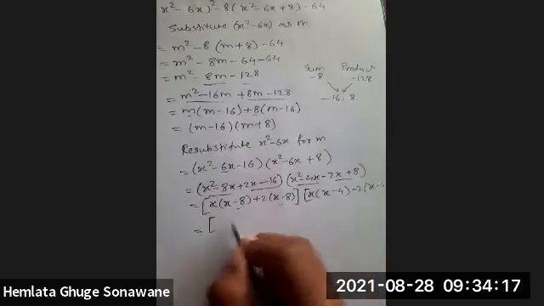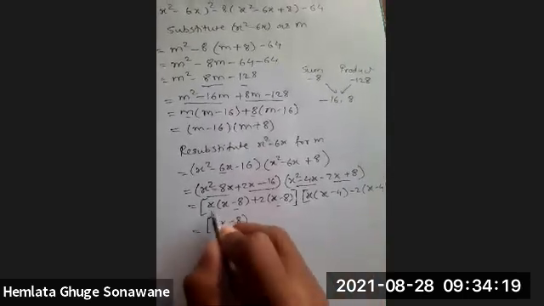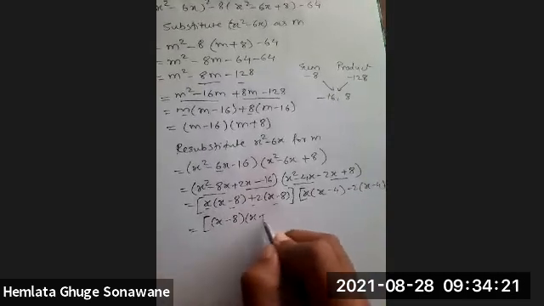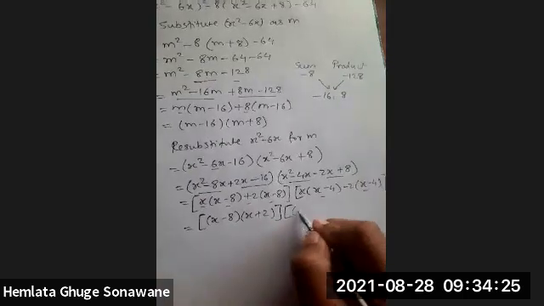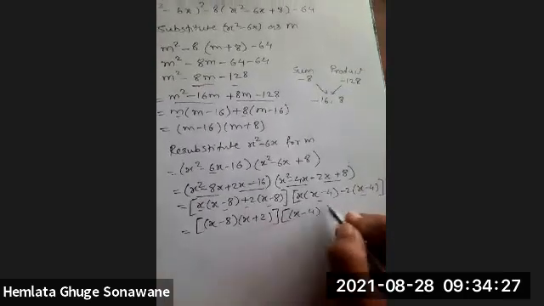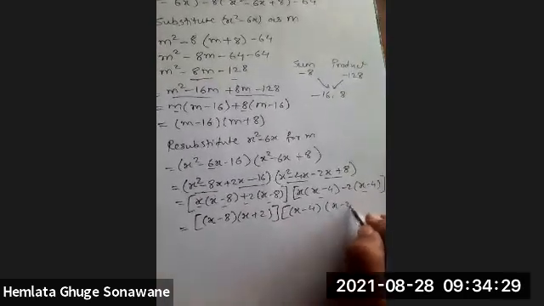We'll write this x minus 8 into the other bracket x plus 2. Here also x minus 4 we'll write, and into another bracket x minus 2.